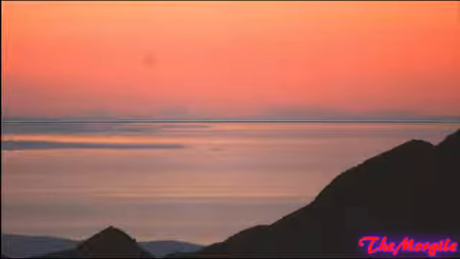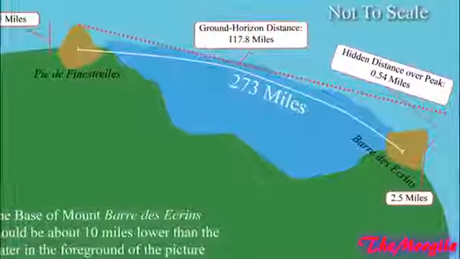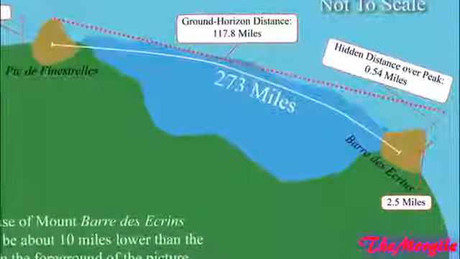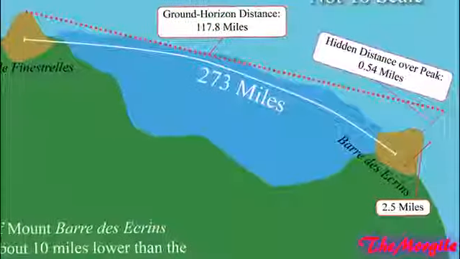And we can see the entire base of those peaks. Although there may be a bit of refraction towards the bottom, we can clearly see the entire mountain range. And again, according to the basic curvature formula, the tip top of the tallest peak should be buried by over half a mile of that horizon line.